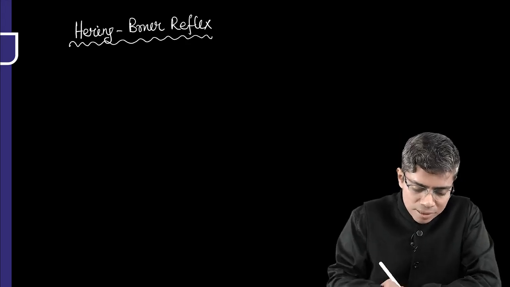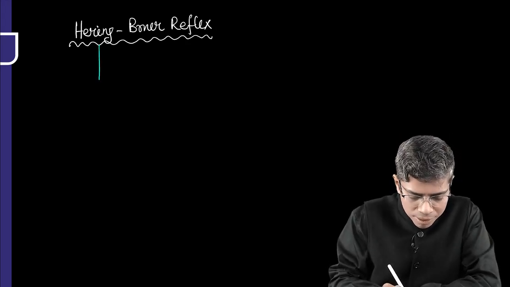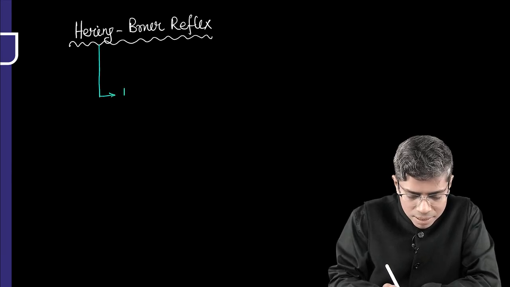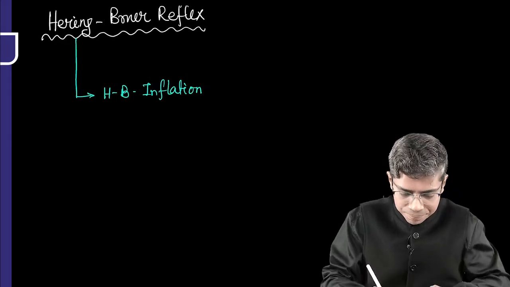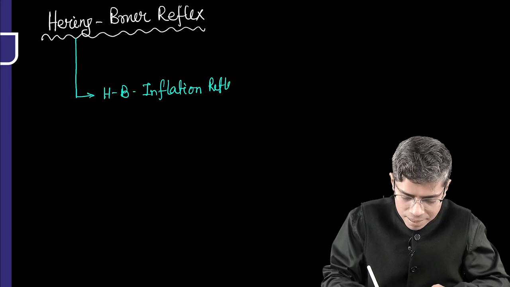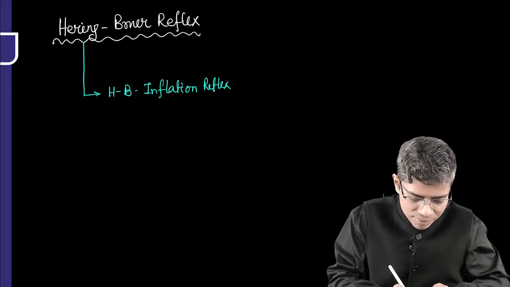So this Hering-Breuer reflex has two components. One is Hering-Breuer inflation reflex, and the second one is Hering-Breuer deflation reflex.